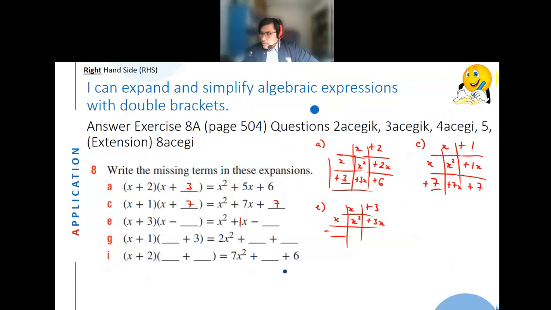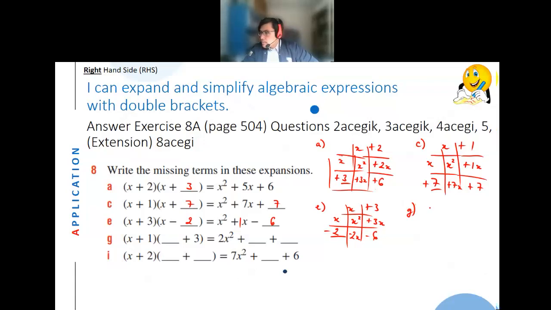Well, we have to take away 2, don't we? That gives us the hint to what this number is. This number multiplied by x has to be negative 2x, so this has to be negative 2 there. And negative 2 times plus 3, negative times positive is a negative. 2 times 3 is 6. So negative 2 in here, and negative 6 in there.